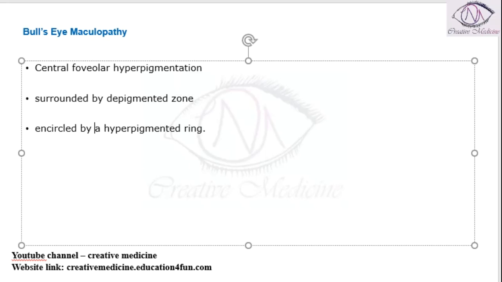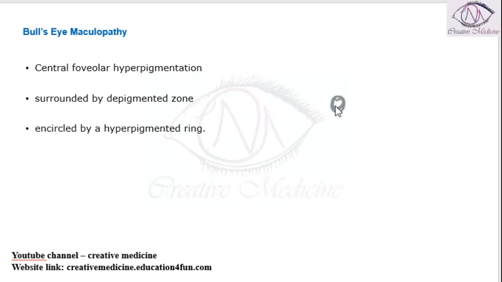So if you draw this, central foveolar hyperpigmentation is present, surrounded by a depigmented zone and again a hyperpigmented ring. So this is something like this. So this is bull's eye maculopathy, where foveolar hyperpigmentation is surrounded by a depigmented zone, which is again surrounded by a hyperpigmented ring.